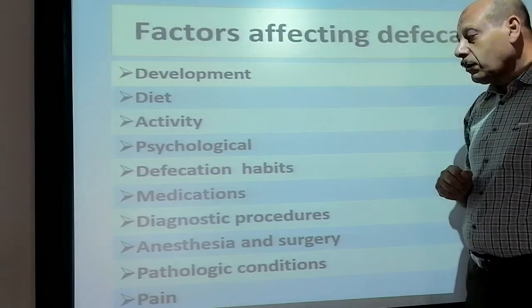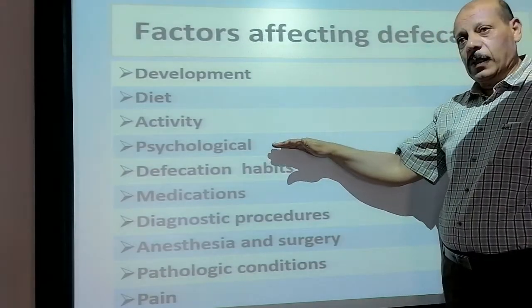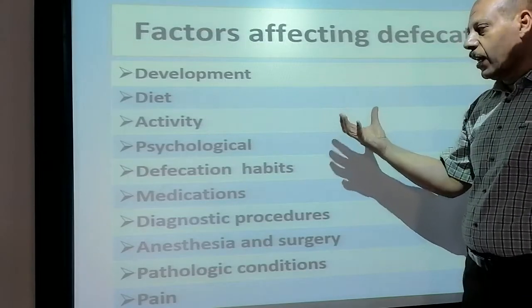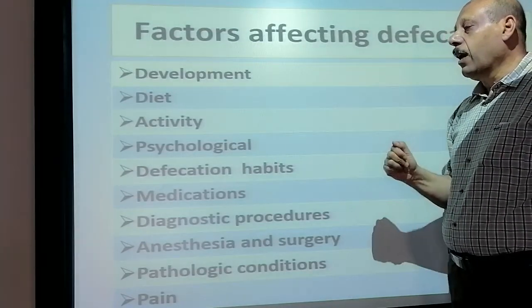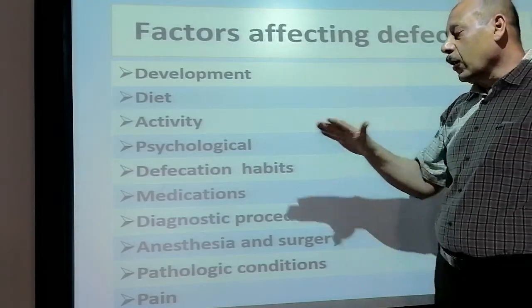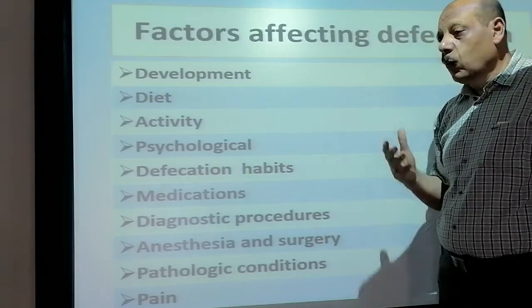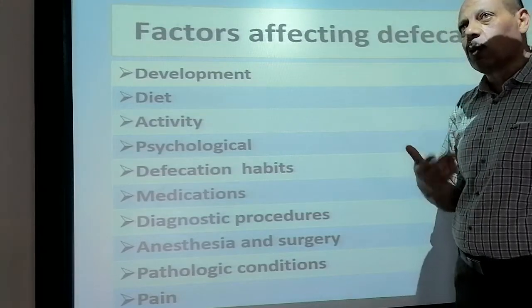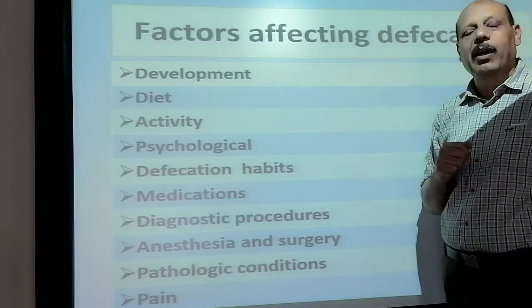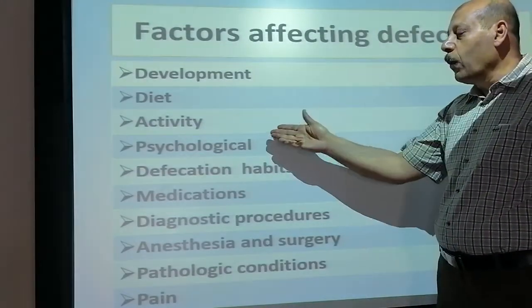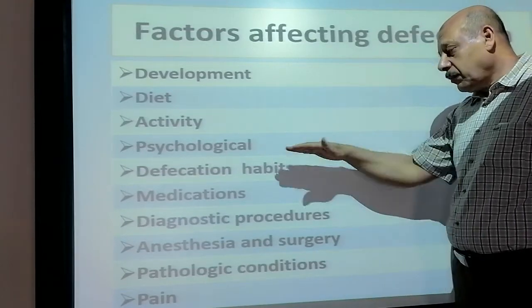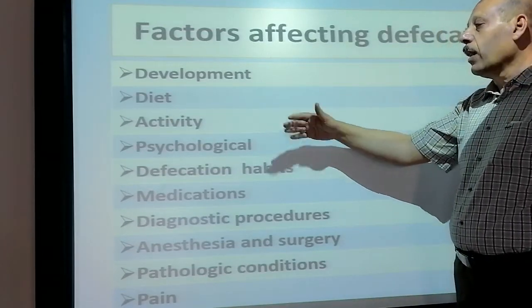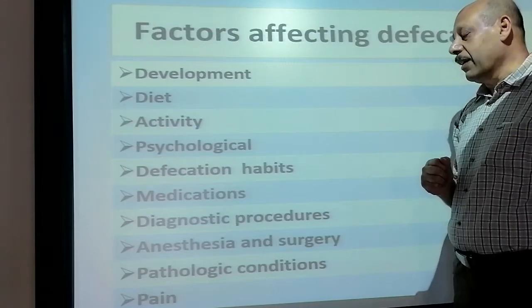Psychological processes also: our psychology and our emotion will affect defecation. If we are anxious, we might have high peristalsis movement, and due to the stress that we are having, sometimes we might have diarrhea due to the anxiety.